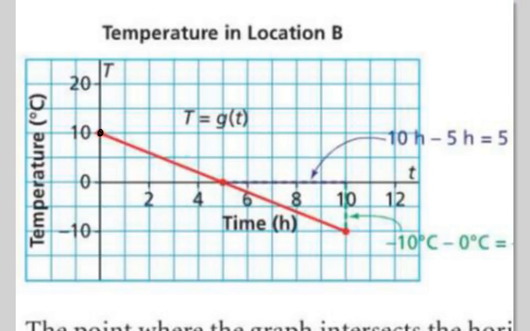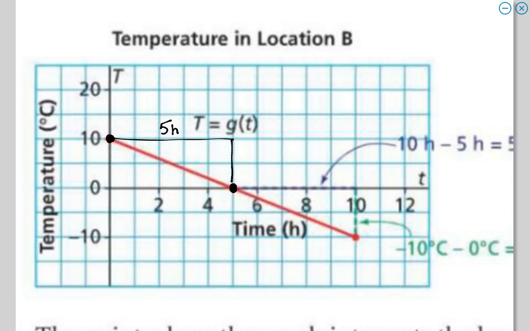Find 2 perfect points, and then make a triangle, a right-angled triangle. I can see here in 5 hours, because I've gone from 0 to 5, how much did it drop by? -10 degrees Celsius.